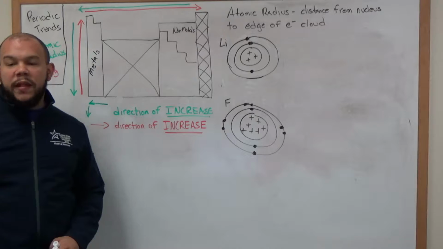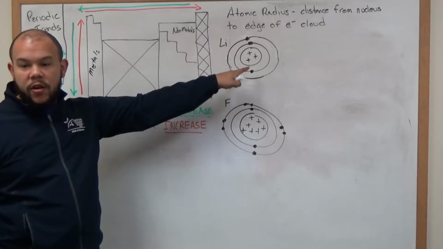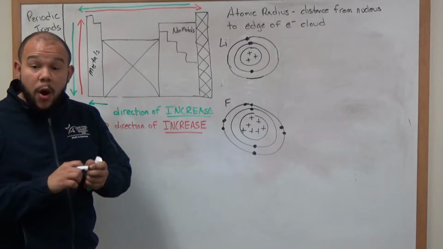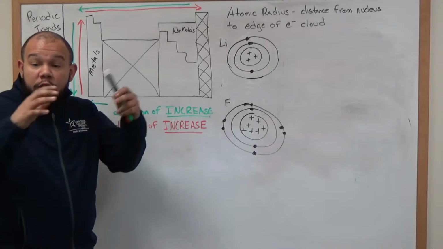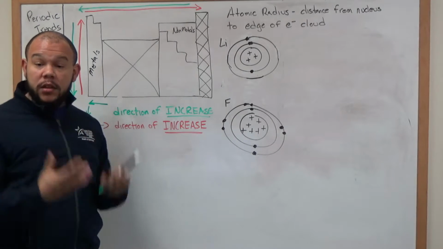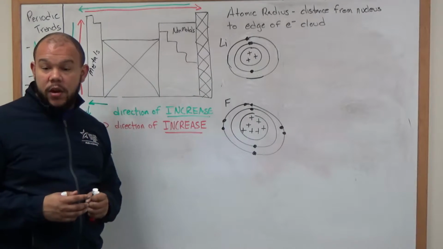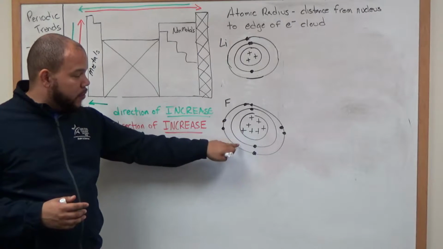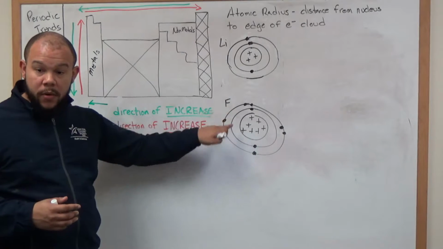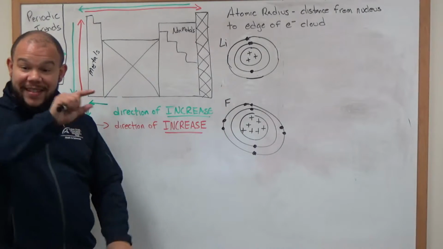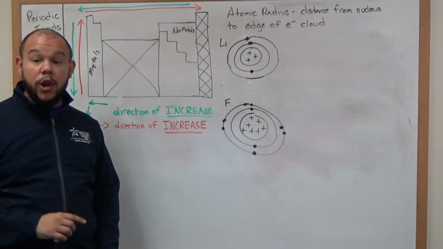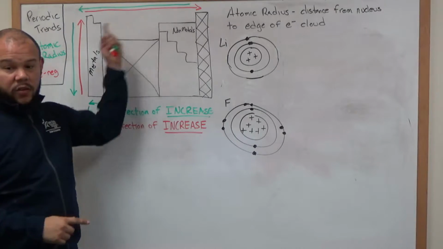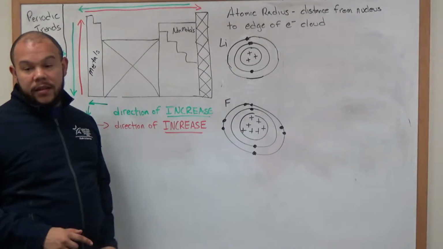With lithium, we see 3 electrons, we see 3 protons, we see only 1 energy level between the nucleus and the outermost electron. And in that exact same energy level, 1s and 2s, remember, lithium and fluorine are in the same row. In the same row, lithium and fluorine.